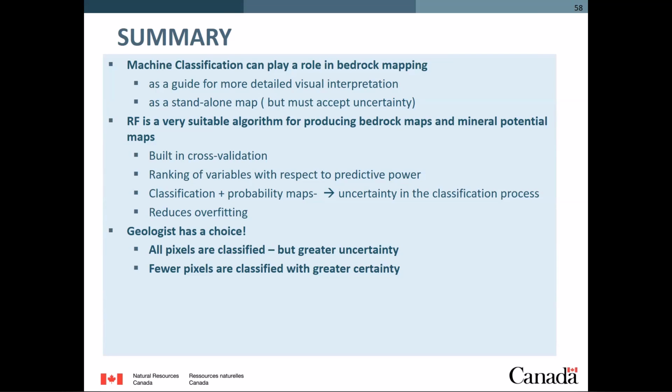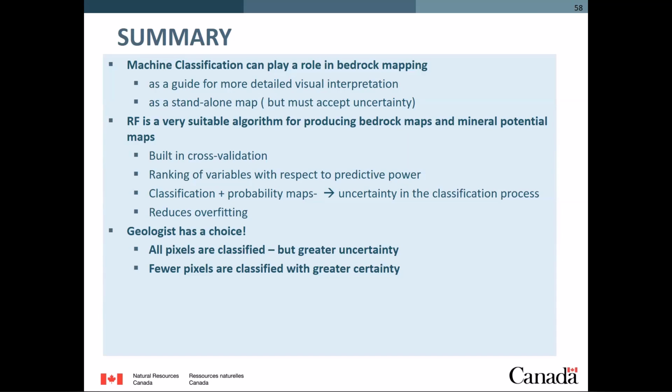I like random forest because it's got built-in cross-validation. It ranks the importance of the evidence maps or variables. It gives us a measure of uncertainty in the probability maps. And because of its random nature, and I won't go into the details, it reduces overfitting, which can be a problem in machine learning.